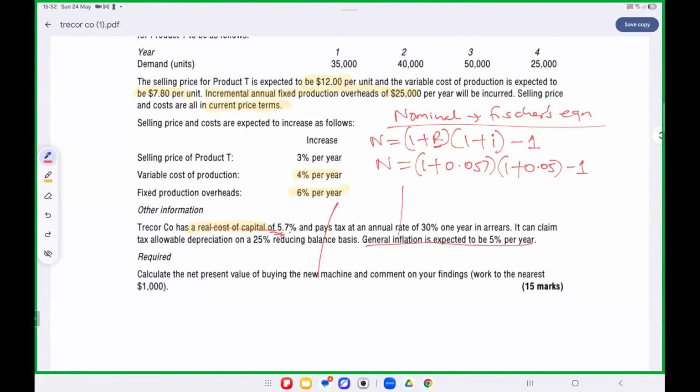I subtract all costs. So then very nicely, go ahead and give me the profit statement. I hope you'll be able to remember these figures. I already have them: 35,000, 40,000, 50,000, 25,000.